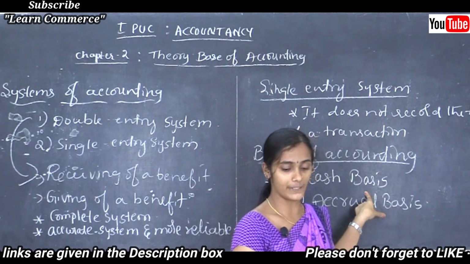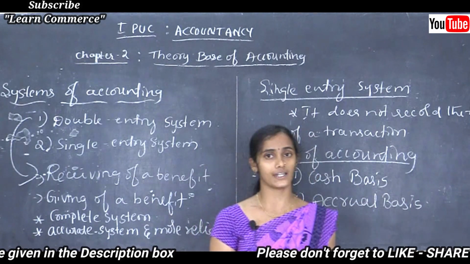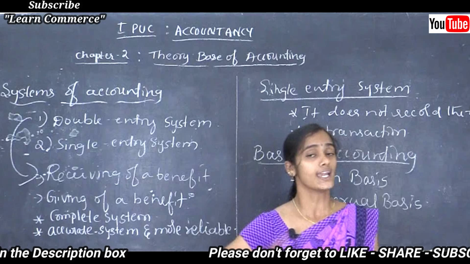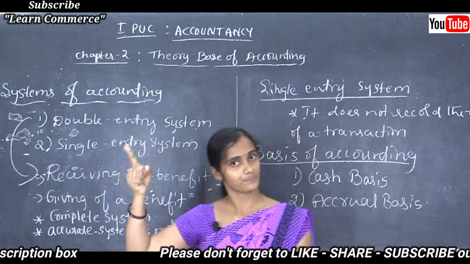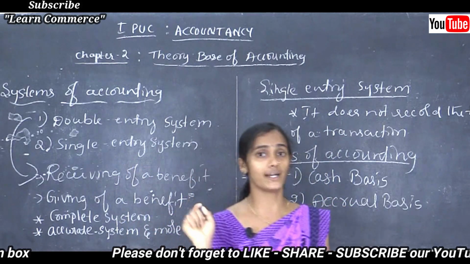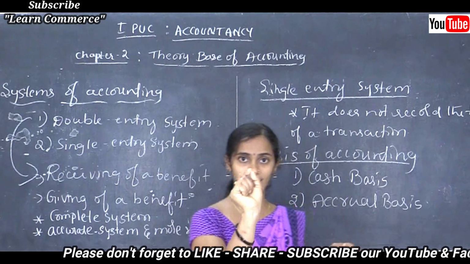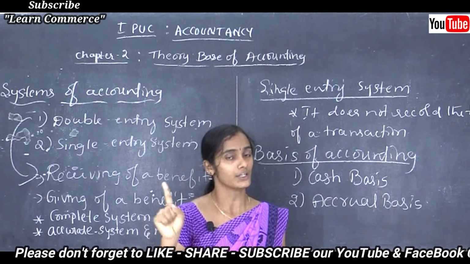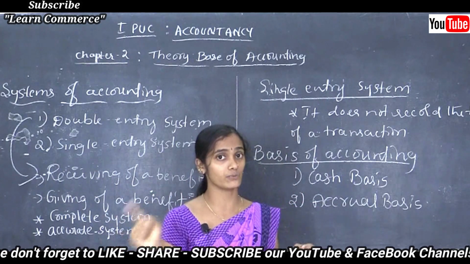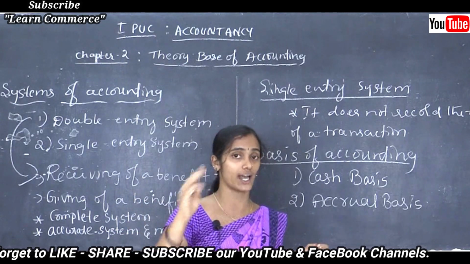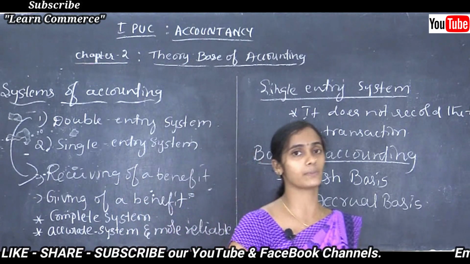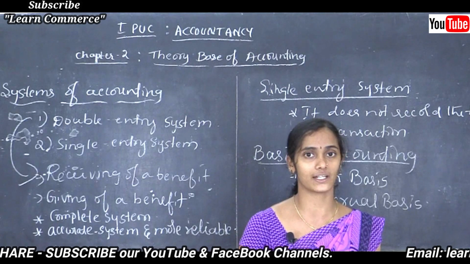Say, for example, if the office rent for the month of January is paid in the month of March, we can record that transaction in March 2018 or 2019. We should not record the transaction until it is received from the client or customer.